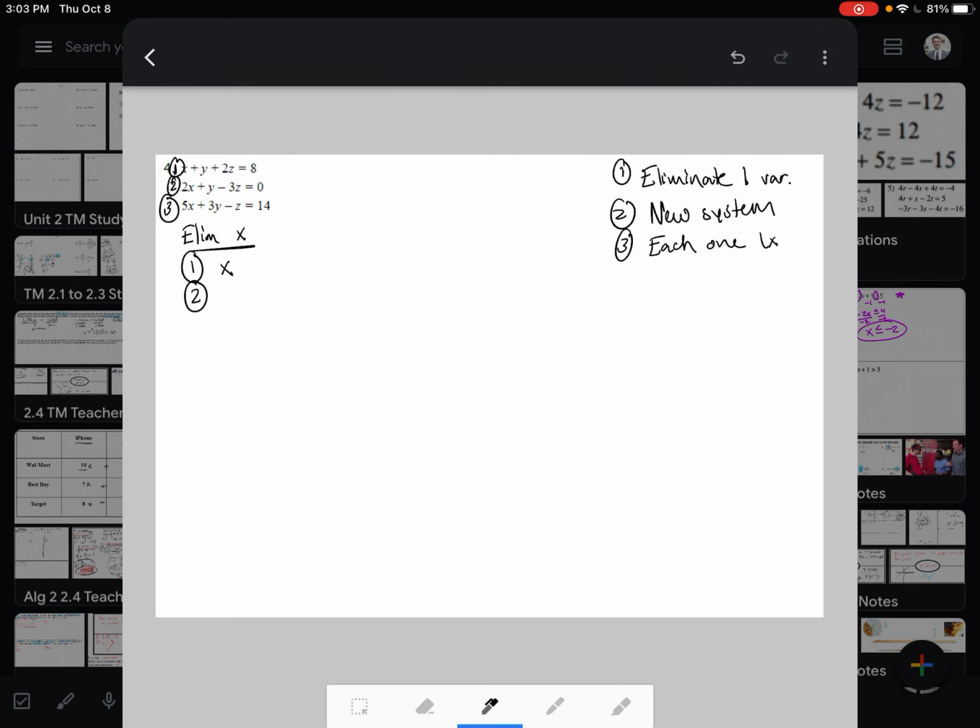Equation 1 and equation 2. All right, so x plus y plus 2z equals 8, and 2x plus y minus 3z equals 0. To eliminate the x term, we need to have a negative 2x, which means we need to multiply our first equation by negative 2. So negative 2x, negative 2y, negative 4z equals negative 16.